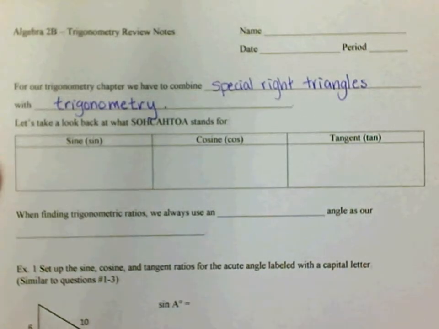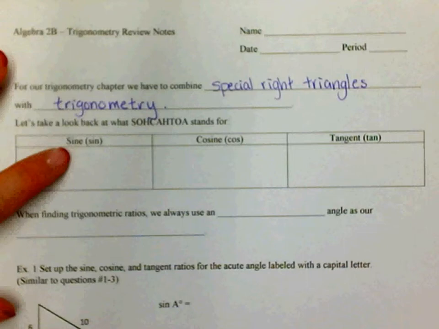Understanding this section is going to make T1 and T2 a whole lot easier. Okay, let's take a look back at what SOHCAHTOA stands for. SOHCAHTOA is a memory device that helps you to remember the sine, cosine, and tangent ratios.